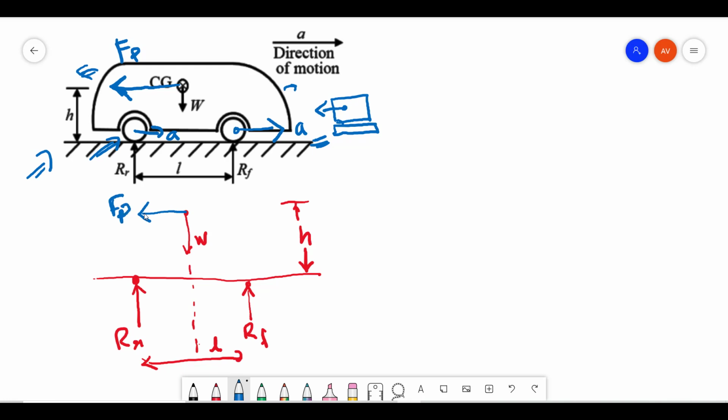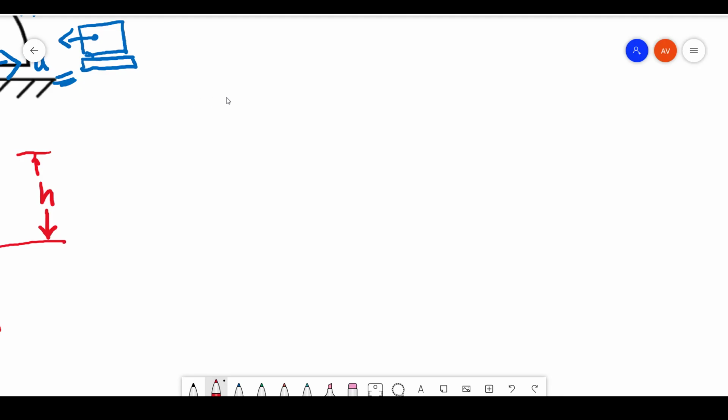So now let's use this image. Let me name this point A, point B, and let's say this is point C. Let me redraw the things again.